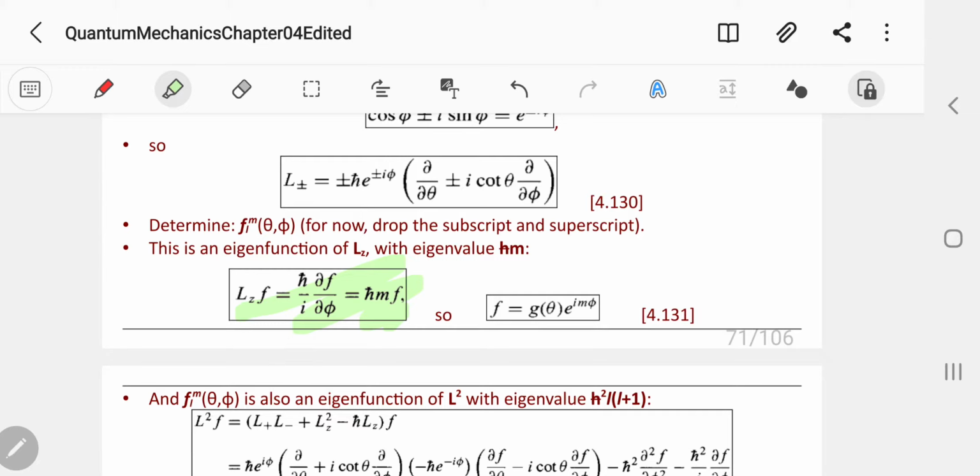Previously we have this, so the eigenfunction would look like this: some function of theta times e to the i m phi, where m there is again from negative l to l.